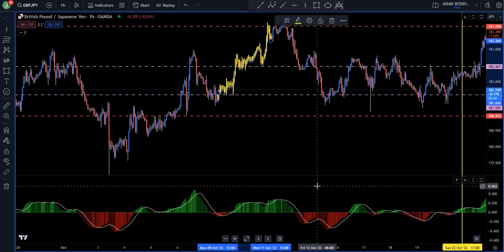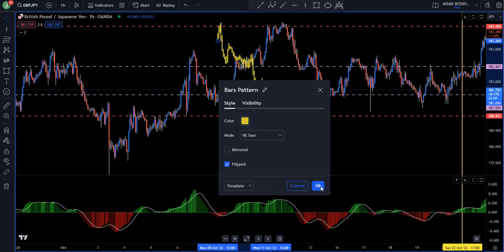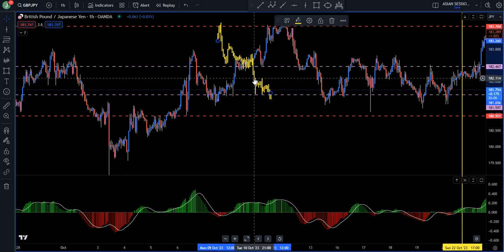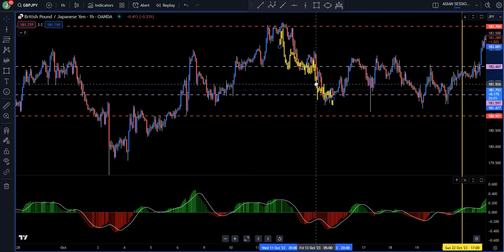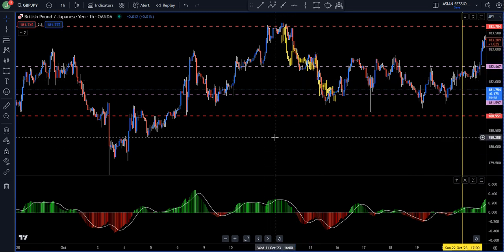Okay, so I'm sorry, let me go in and I am going to flip this, because remember, what happens on the left side is repeated on the right side in the opposite direction. So I need to flip it, right? So I'm going to flip that, and then I'm going to move it right at the point of this weekly rejection.